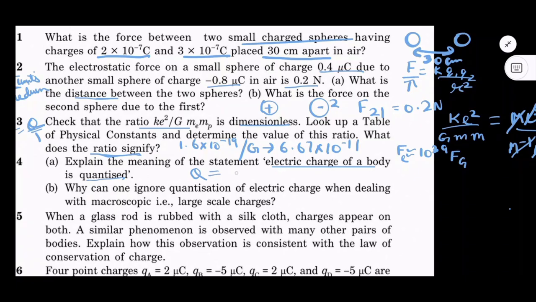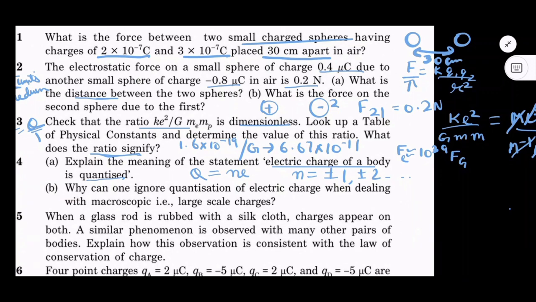We have seen in our first lecture that q equals ne, where n is equal to plus minus 1, plus minus 2, and so on. So the amount of charge transferred is based on an integer multiple. There cannot be charge like 2.5 or 0.5. In such a way we can't have our electric charge.